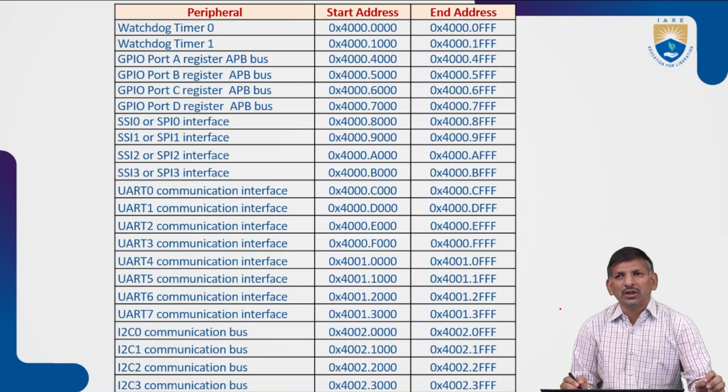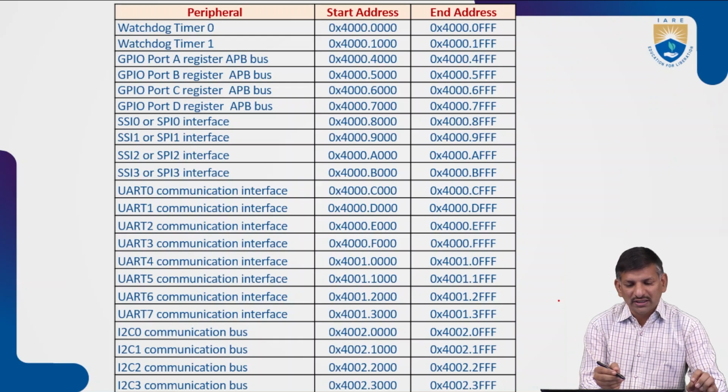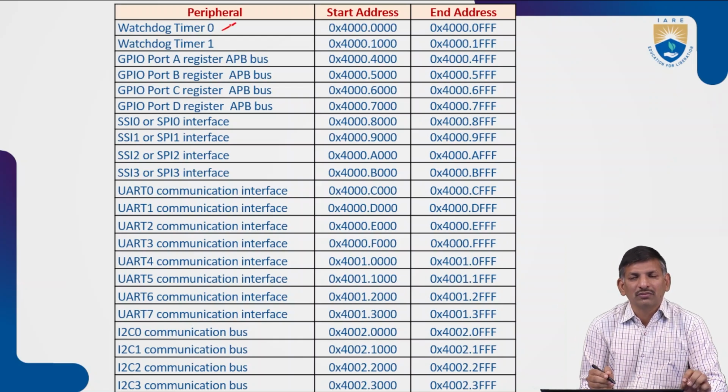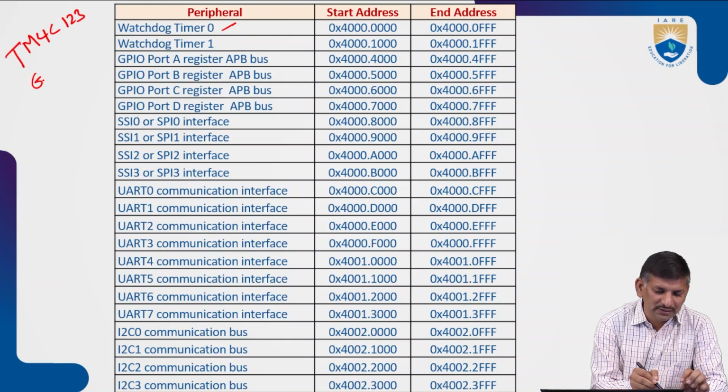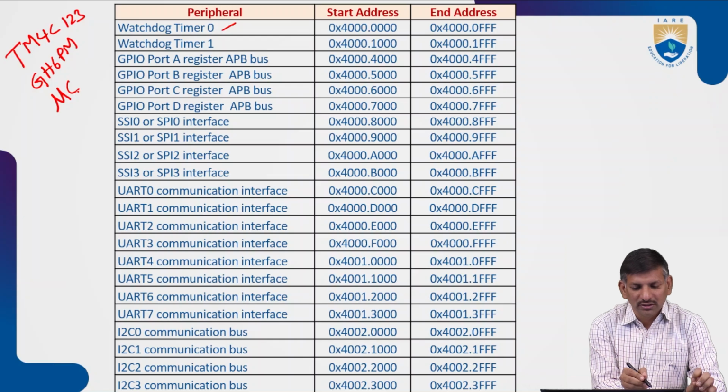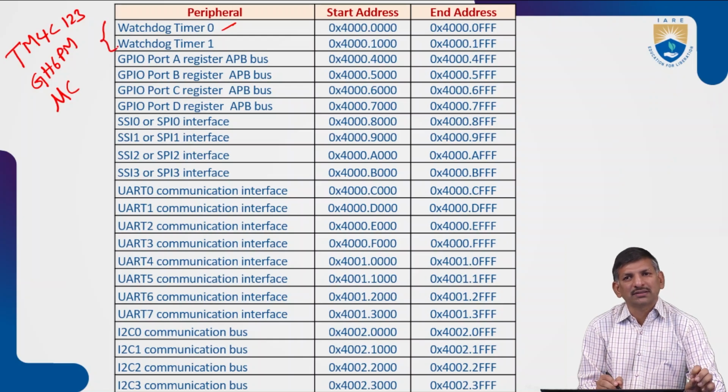So coming to the particular peripheral in detail, first watchdog timer 0. If you look at the TM4C123GH6PM microcontroller, it contains 2 watchdog timers.